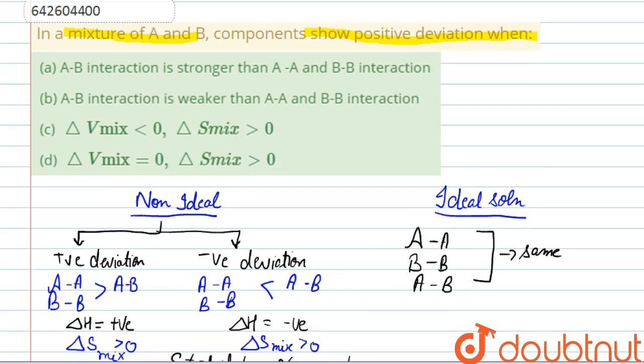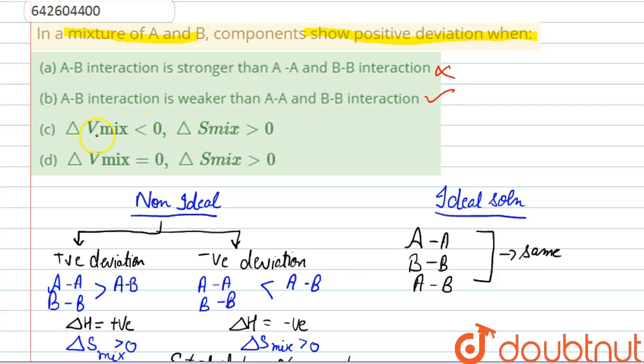Firstly, we are given the option that AB interaction is stronger than AA or BB interaction. This is the case of negative deviation, as we discussed, so this is incorrect. Now we are given that AB interaction is weaker than AA and BB interaction, so this is the case for the positive deviation.